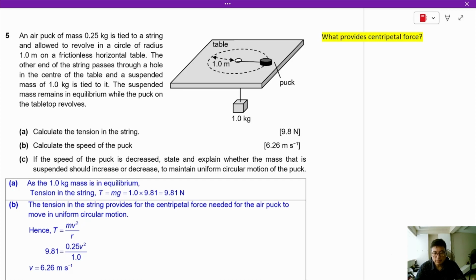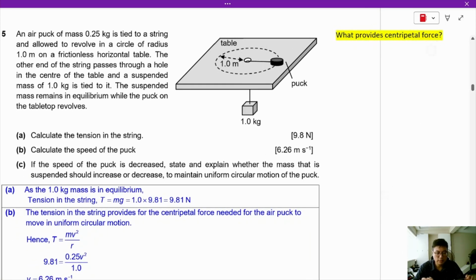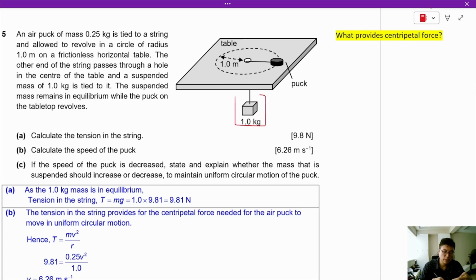Now, the key concept in question 5 is to ask yourself the question, what provides centripetal force? So let's take a look at this object over here. Now, this object is stationary. If we look at this 1 kilogram mass, there are two forces acting on it.